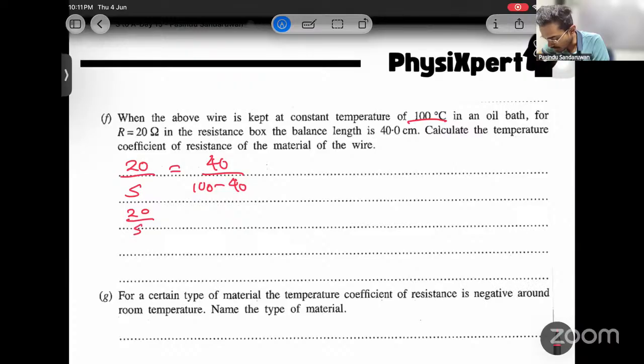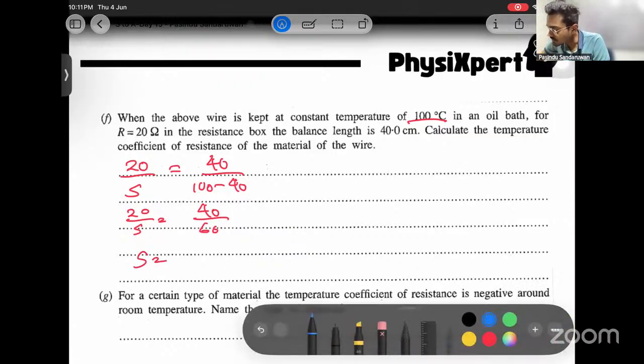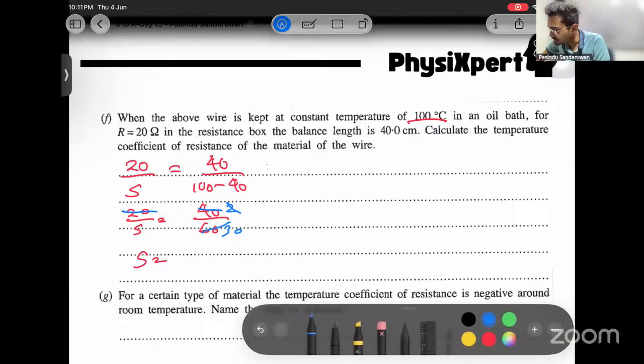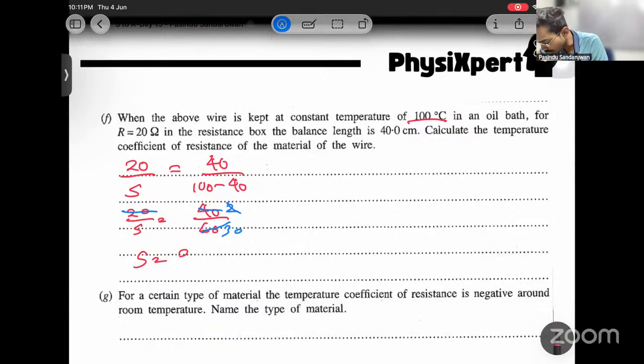Then 20 over S equals 40 over 60. Simplify this: S equals 20 times 3 over 2, which is 30. S equals 30 ohms.